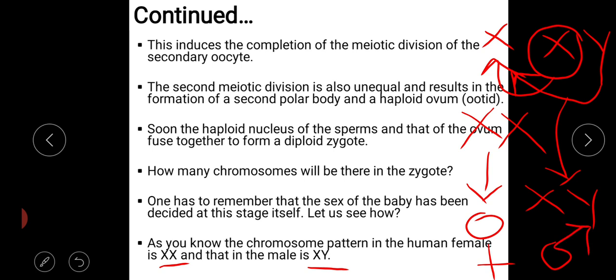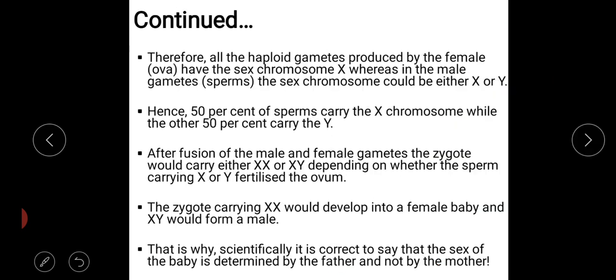So the chromosome which is given by the sperm will decide whether we'll have a baby girl or a male child.